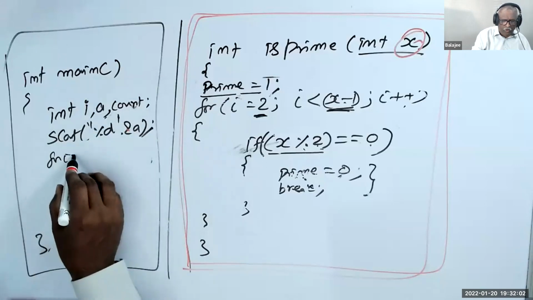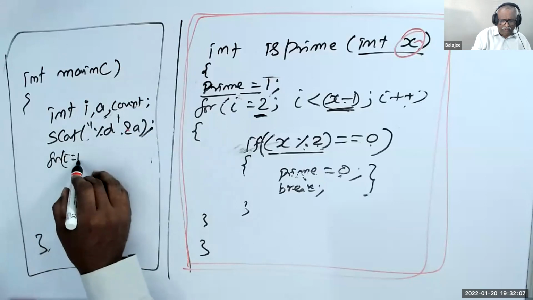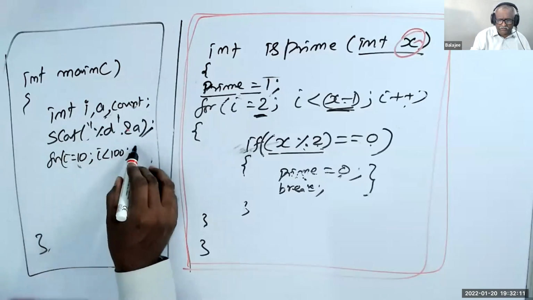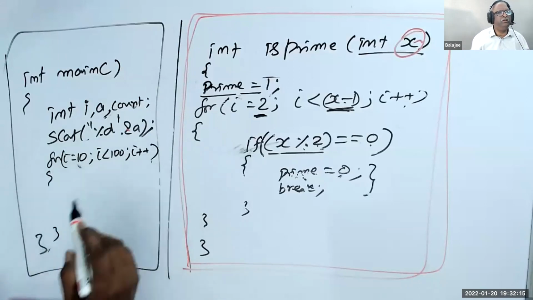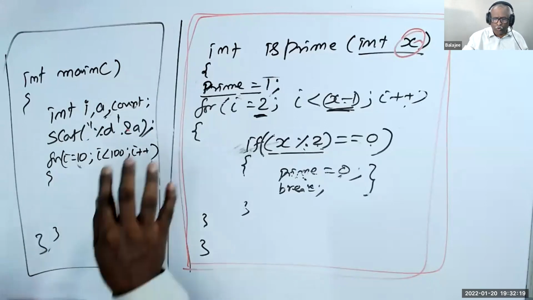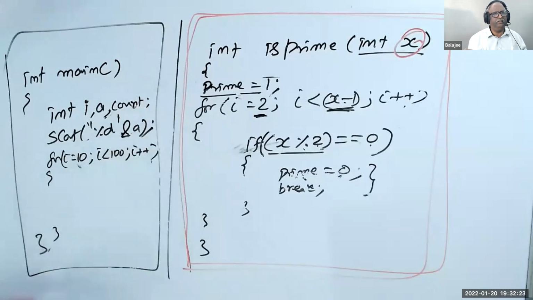For i equal to 2 or 10, whatever it is, i less than 100, i plus plus. Now I'm doing a range. Not 2a, it's ampersand, address of a, not 2a, sorry.